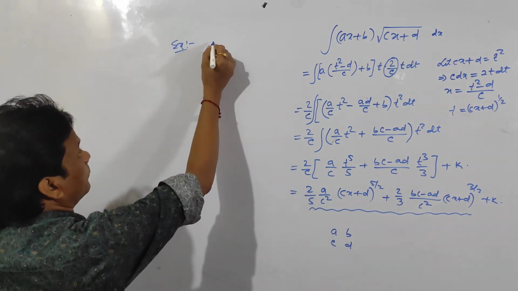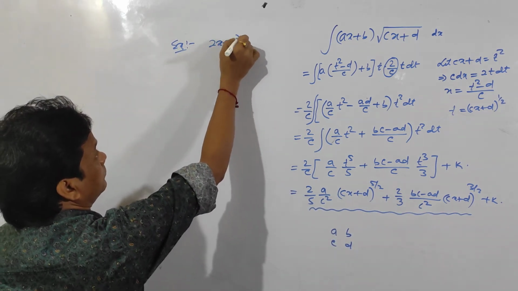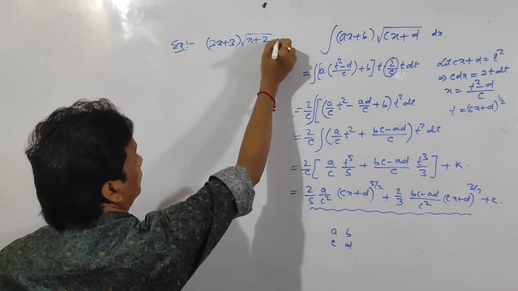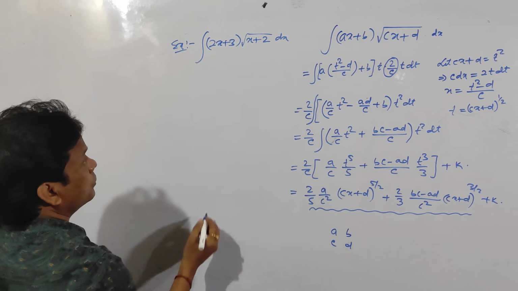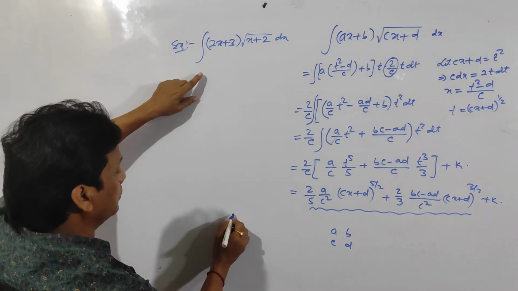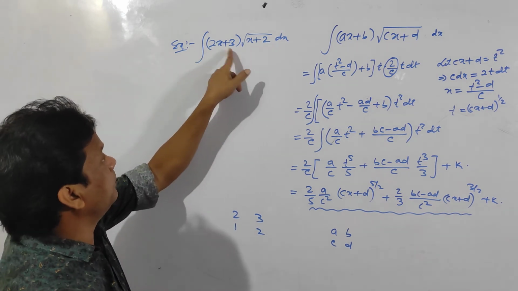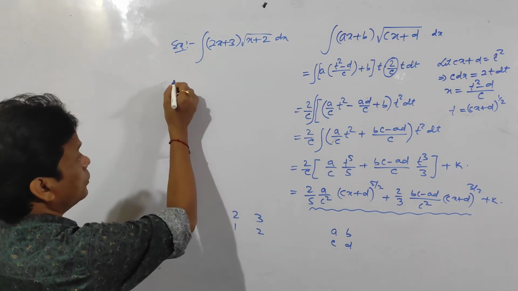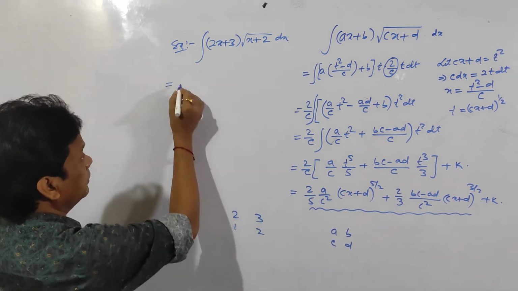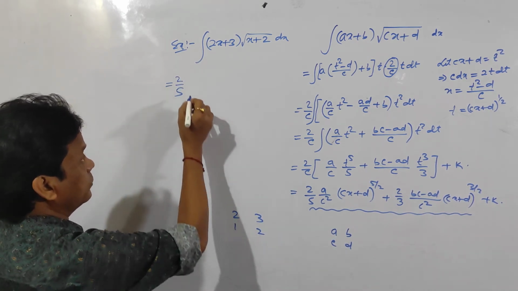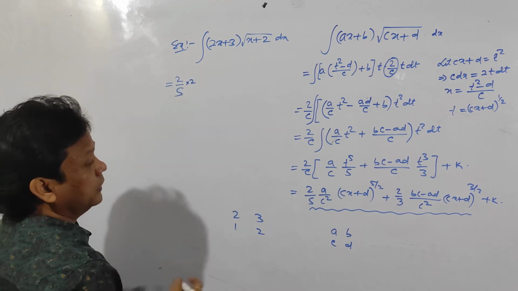Integration of (2x plus 3) into square root of (x plus 2) dx. According to this process, a, b, c, d are 2, 3, 1, 2. So what is your formula? 2 by 5, a by c square, so 2 by 1 square is 2. Clear?